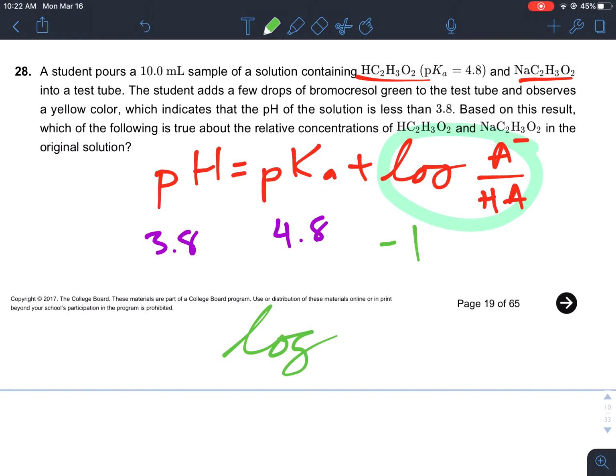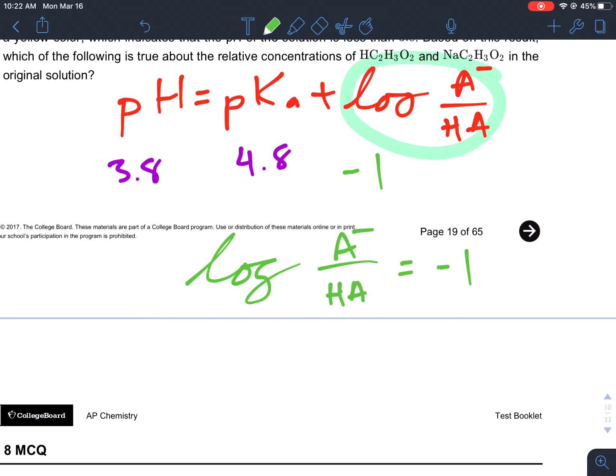If log of A minus over HA is equal to -1, you got to think about what that means. Actually, don't try to calculate this. I mean, which you can. It's not that bad. It's actually 10 to the -1.